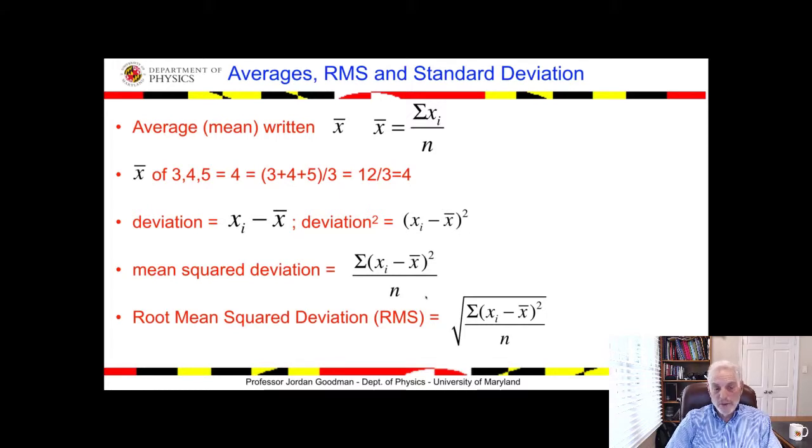So that's lots of words, but what it means is the square root of the average squared deviation. It's kind of funny because we're taking the square root of something we've already squared, but there's a reason for this, which is that we're taking the square root of the average deviation. This is always a positive quantity, and we're taking the square root of it after we've summed them up.